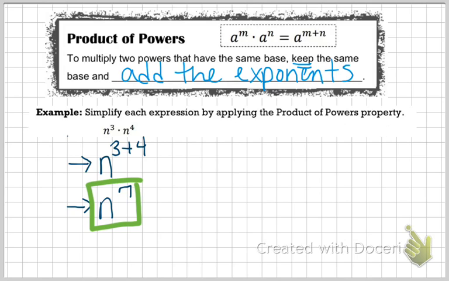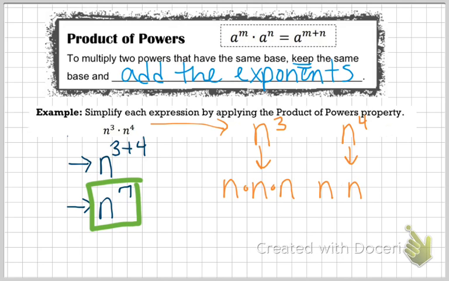Now, some of you might be wondering, how does that work? Well, think about it. Here we have n to the power of 3. If we expand, this means that we have 3 n's that are multiplying each other. We also have n to the power of 4, which means if we expand, there are 4 n's multiplying each other.